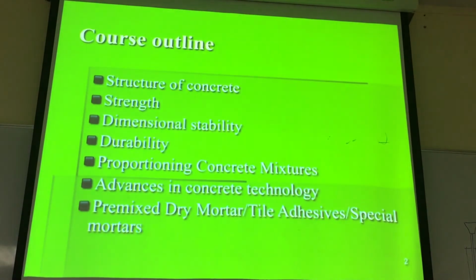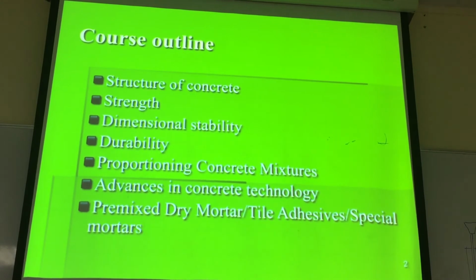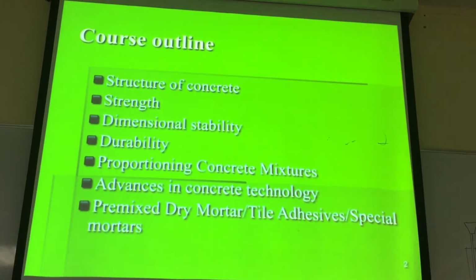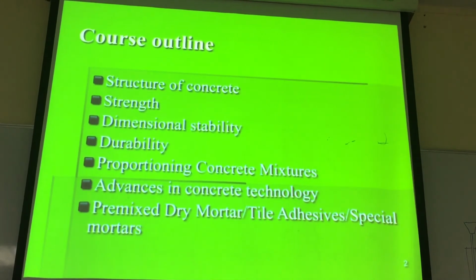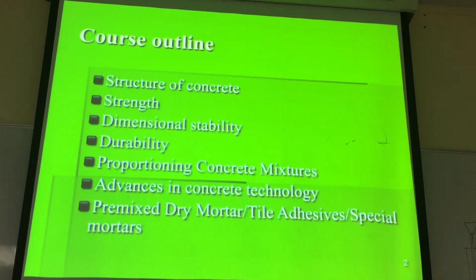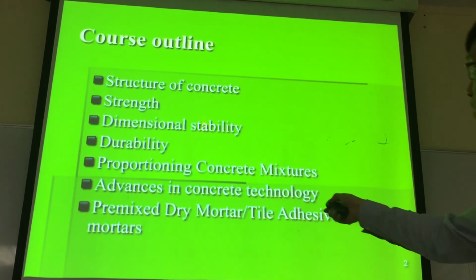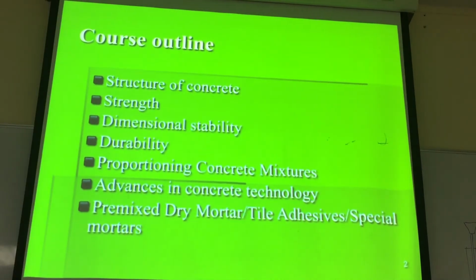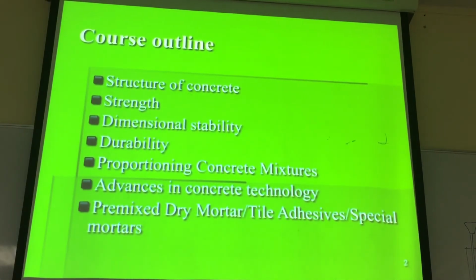Okay, the course outline that we will look at in this lecture will be, we look at the structure of concrete, we look at the strength of material, we look at the dimensional stability. What is dimensional stability? What is this term here? Give me some example.